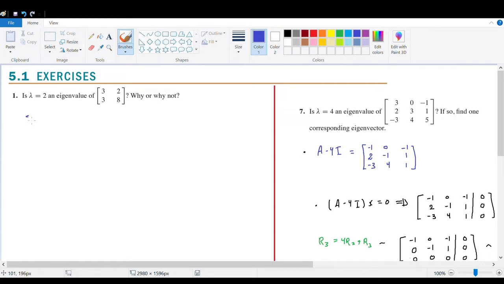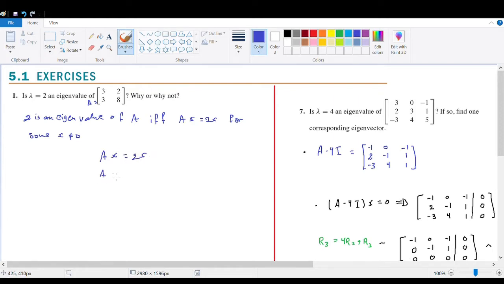We said that 2 is an eigenvalue of the matrix, let us say this one is A, if and only if we could write A multiplied by x is equal to 2x for some x not equal to 0.